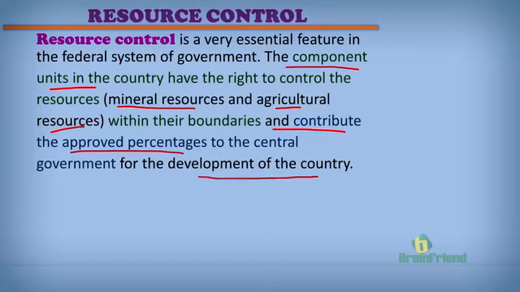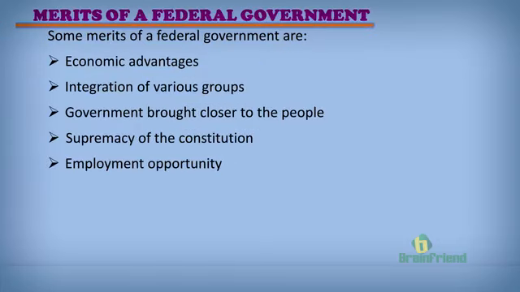Okay, so what we mean is the component units, the states, local governments or regions actually have control and right over these resources that are found in their land and within their jurisdiction. And then they go about getting it and making wealth. They take a particular percentage, which is the approved percentage, and they contribute it to the central government, which will further use those contributed resources to develop the country. So that's how resources are controlled in a federal system of government.